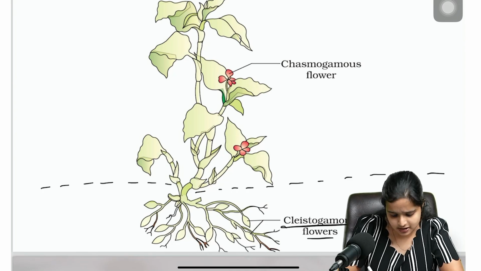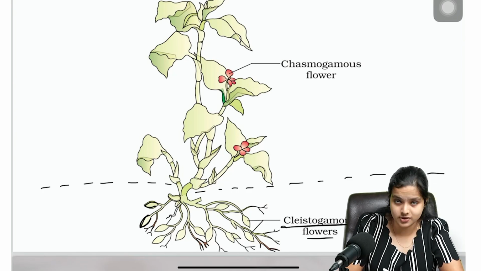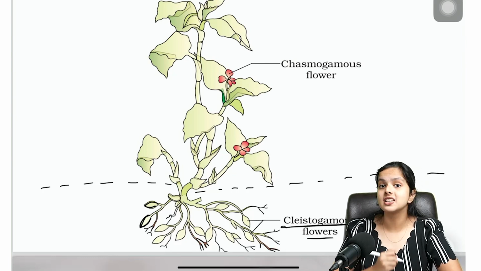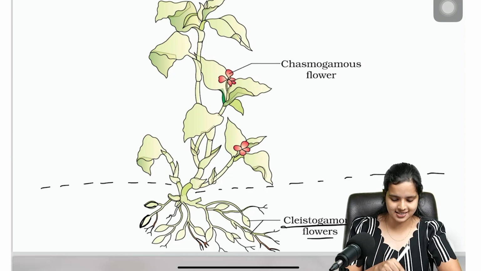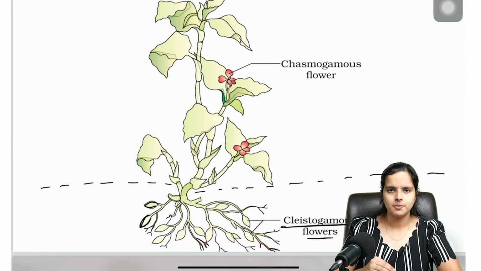It's clearly closed; you cannot see anything outside. So you'll have closed flowers which lie underground. But it's not the same in every case; in some cases, cleistogamous flowers may lie below the ground level.